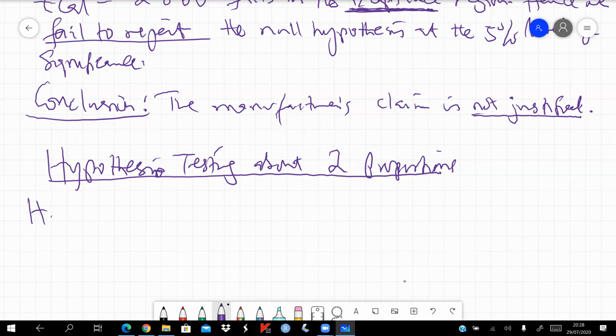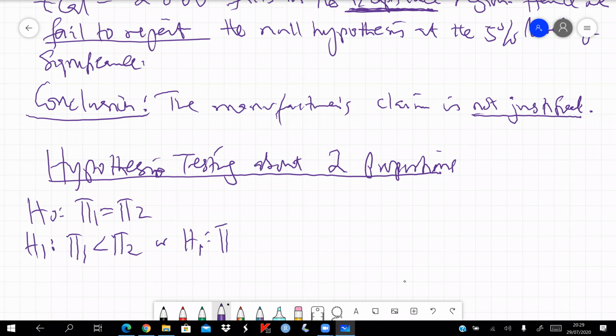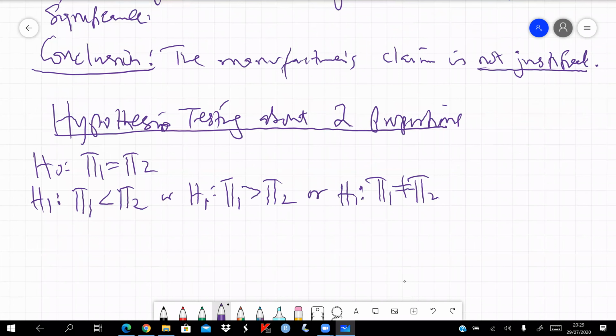We have H naught: pi 1 equals pi 2, tested against H1: pi 1 is less than pi 2, or pi 1 is greater than pi 2, or pi 1 is different from pi 2. The first is a lower tail test, the second an upper tail test, and the last a two tail test.